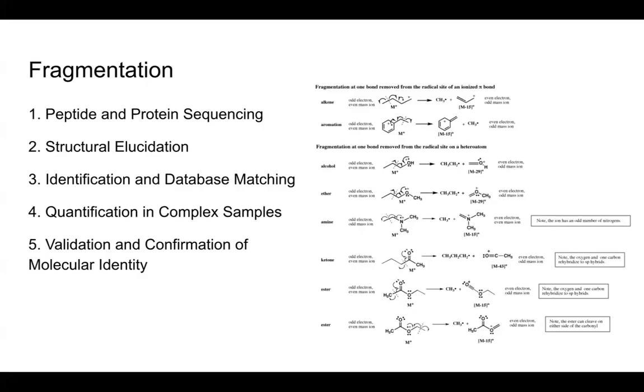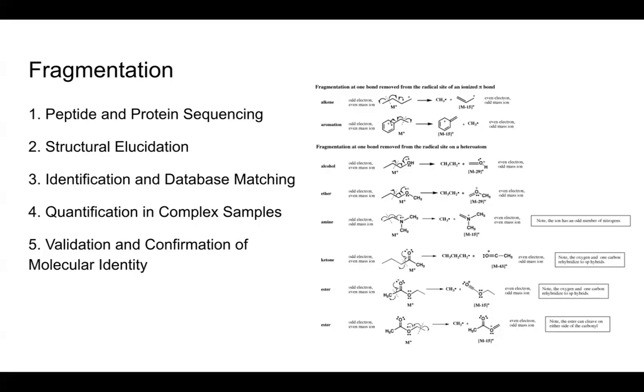So first, in terms of peptide and protein sequencing, in MSMS, fragmentation helps us to sequentially break peptide bonds, producing fragment ions that correspond to specific parts of the amino acid sequence. So by analyzing these fragment ions, it would then become possible to determine the exact order of amino acids in a peptide.